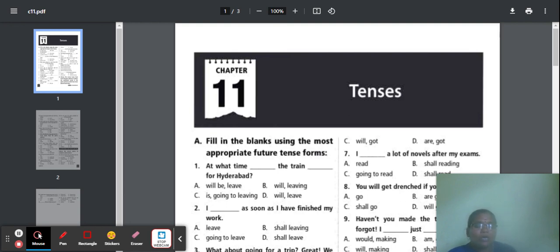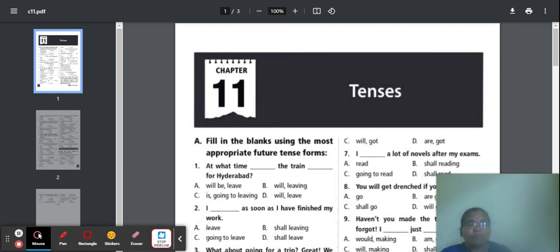Okay, my dears, so how can we find out past perfect? Keywords: already, just, never, not yet, once, until, that day. They will denote time also. So we have to be careful and put the past perfect.